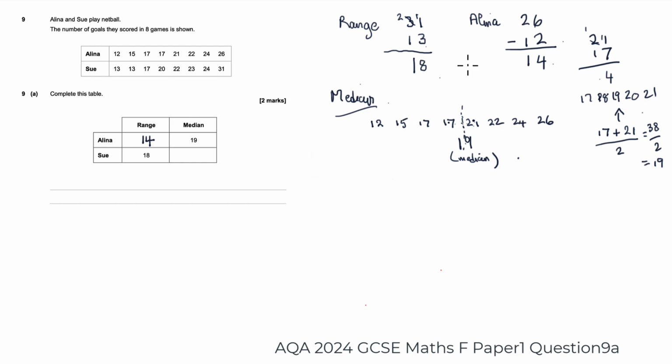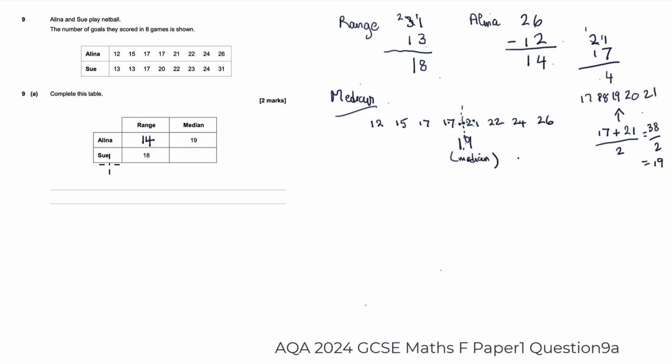So let's recap. If you have a list of numbers and they're in increasing order, that's vital. They have to be in increasing order, and you look for the middle one would be the median. If there is no middle one, then we take the average of the middle 2, the number halfway between the middle 2, that's the median.